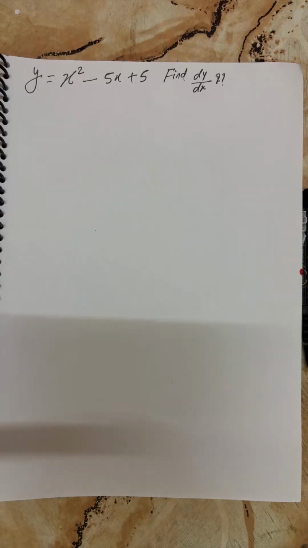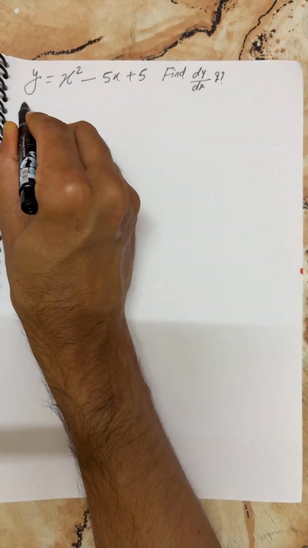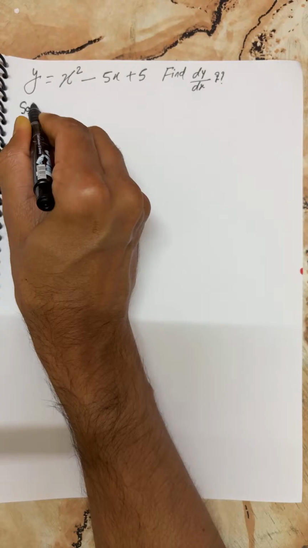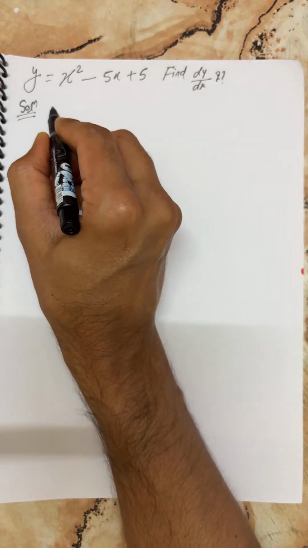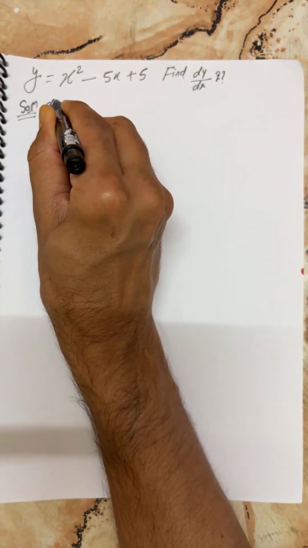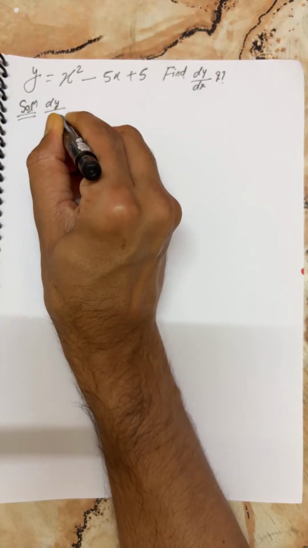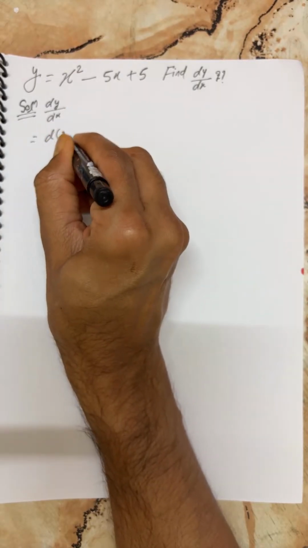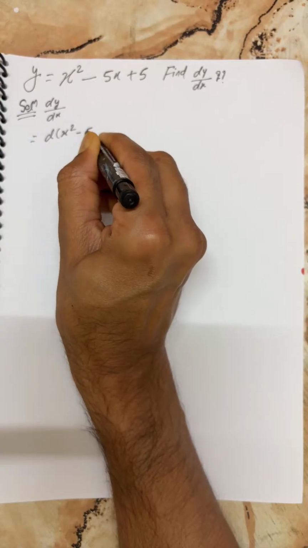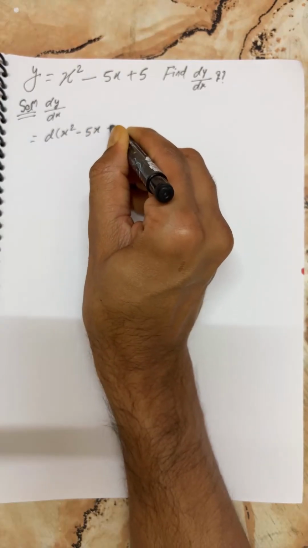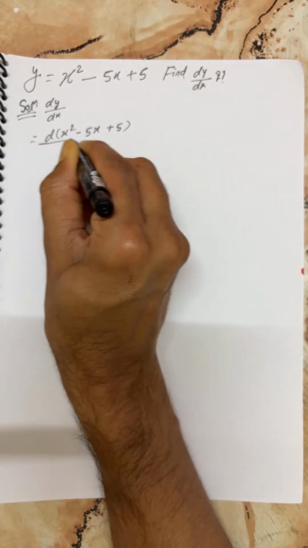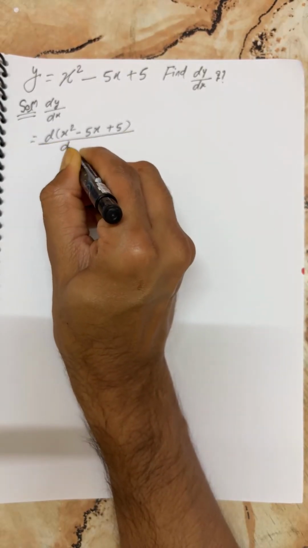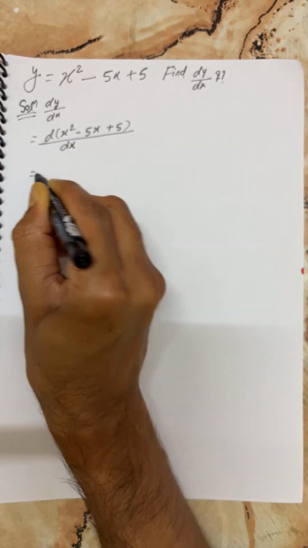Okay. So this is what, my dear. Again, the solution. What will you write, kids? This is d by dx of x squared minus 5x plus 5 upon dx. Open the bracket.